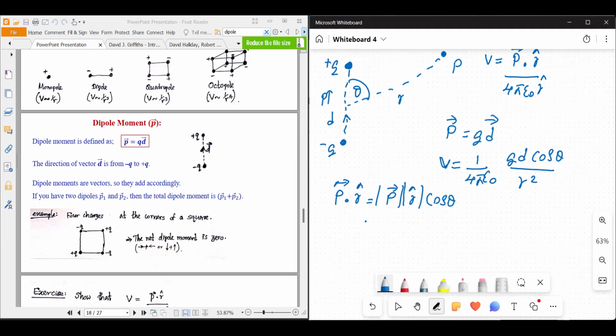Now here we will have magnitude of p, and what is the magnitude of a unit vector? It will be 1. So here we will have cos theta. P dot r is equal to this value.